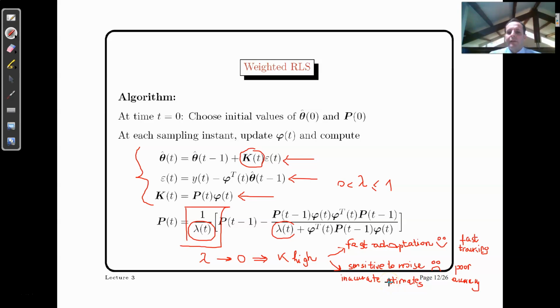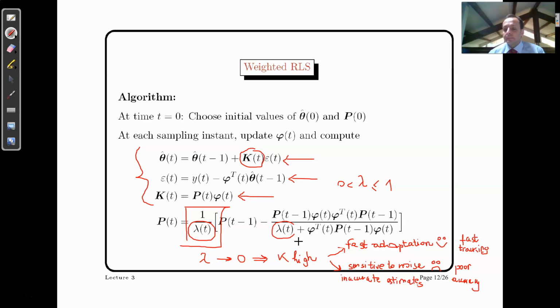It can be shown that if you think of it as a filter, and you transform it as a transfer function between the input and the output, which is the estimate of your parameter, you can see that it amplifies the effect of the noise, which can be very dangerous.